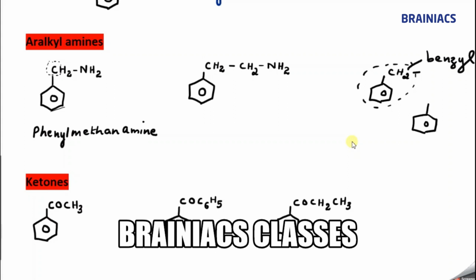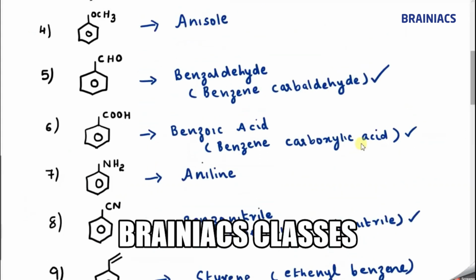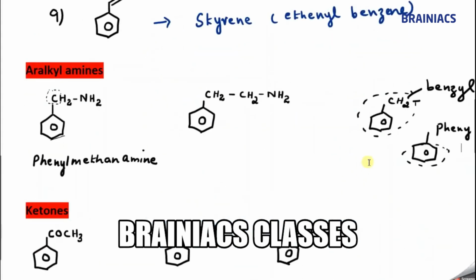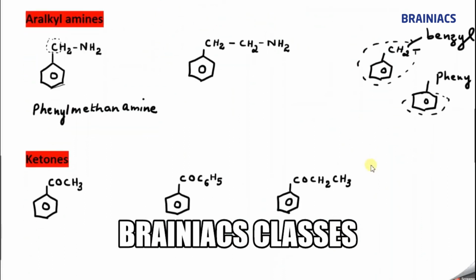Just now I told you, whenever it acts like a substituent, we use the term phenyl. So very simple, when a CH2 group comes with the benzene, we use the term benzyl. Benzene alone, we use the term phenyl. Please understand, these two are common names, not IUPAC. Sometimes you may see them in the question paper.